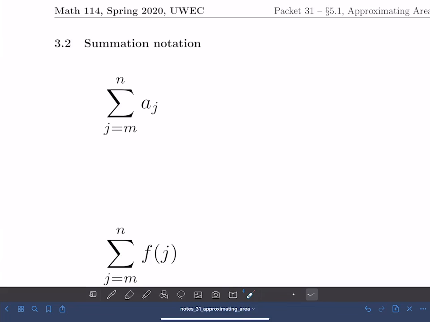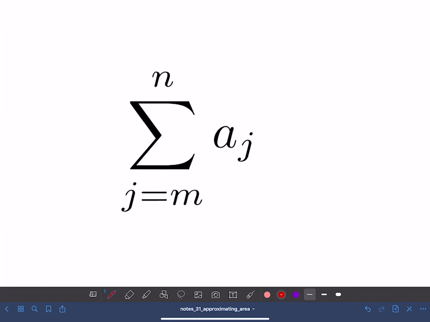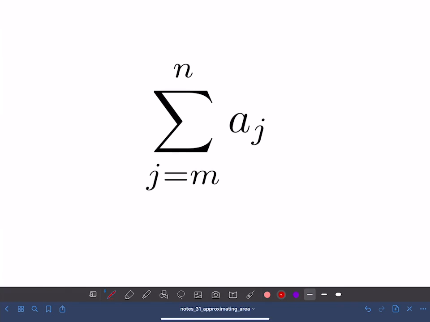This summation notation is tremendously important, particularly for people who will take any subsequent math class. You will probably encounter it, and it behooves you to internalize that notation at this point. So let's focus our attention on the summation notation.